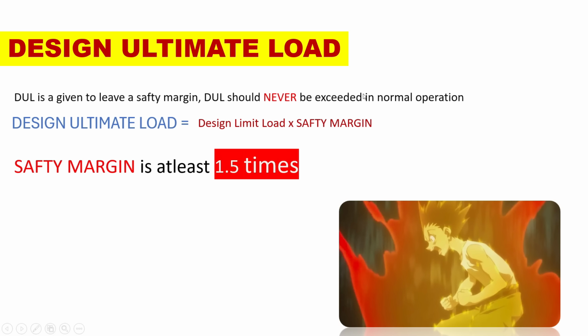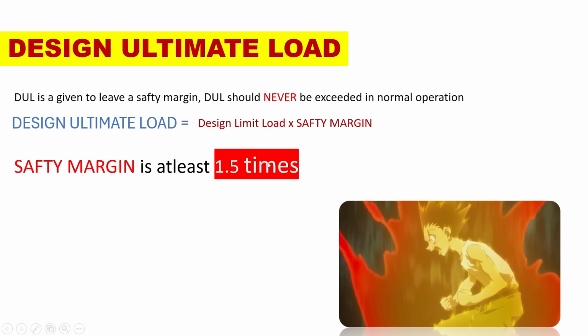Okay, so this again is your DGCA exam question. That's why I have written it here. Safety margin is at least 1.5 times, right? So regulations might have set this up. The minimum safety margin should be 1.5 times. So you take your design limit load, whatever it is, in form of a load factor value in terms of G's.